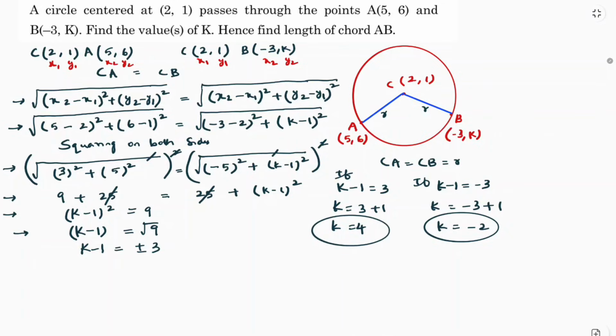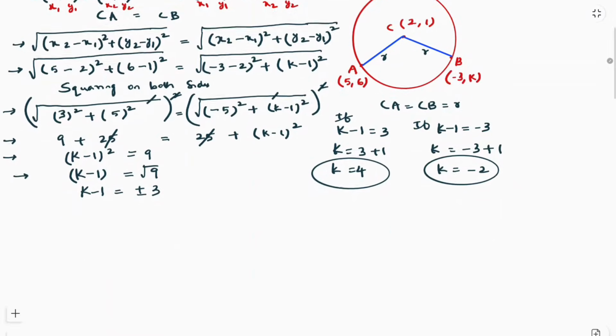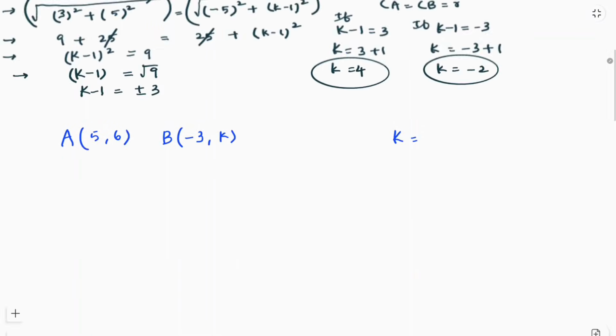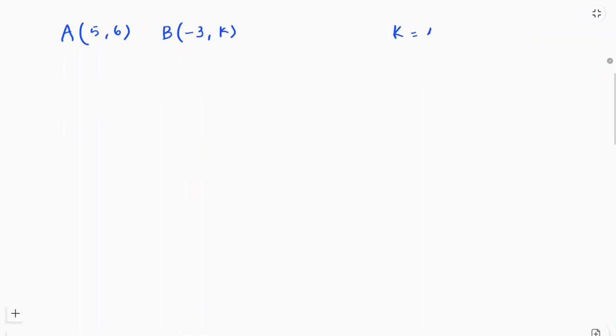Now I need to find the distance of AB. So here clearly A is (5, 6), B is (-3, k). But for k we got two values, those are 4 and minus 2. Now first I'll simplify. Both will give the same distance, same answer, but I'll show you.